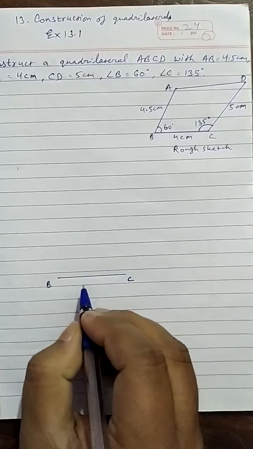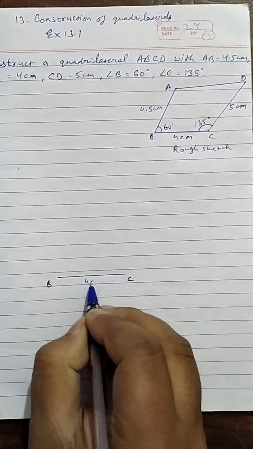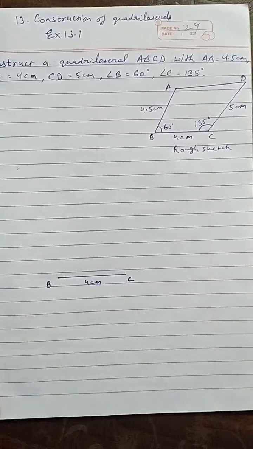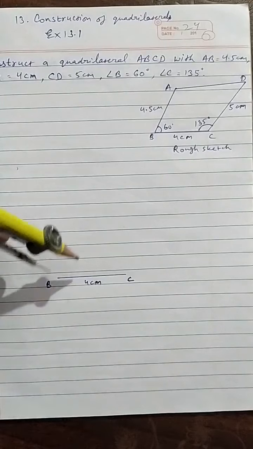The length of line segment BC is 4 centimeters. At B we will construct 60 degrees. That is very easy. I have told it to you.